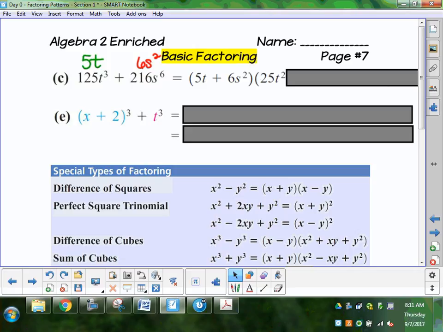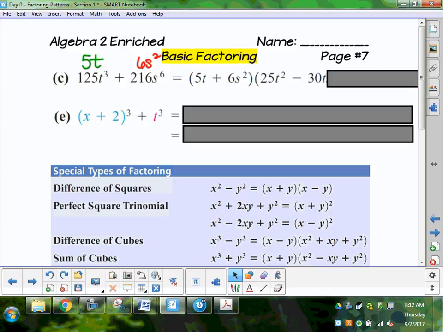What did you say it was? What's your middle term? Who takes issue with that? Negative 30. Okay. To the 4th. There you go.